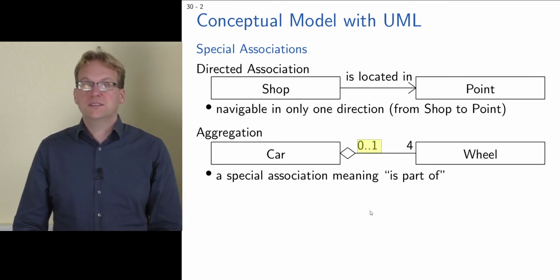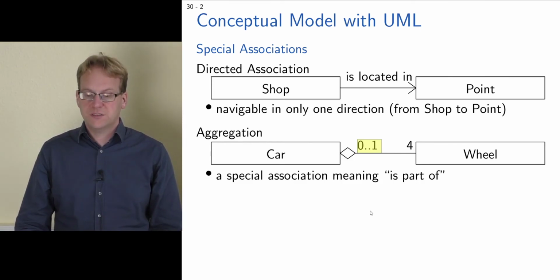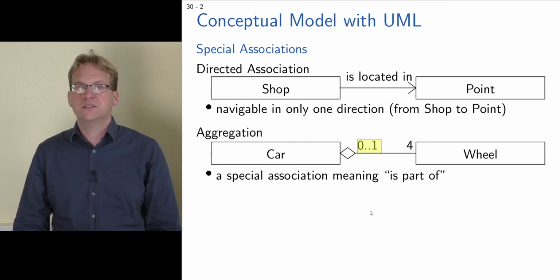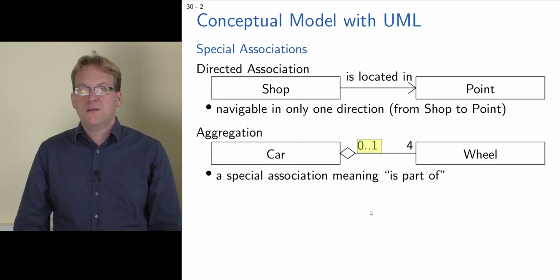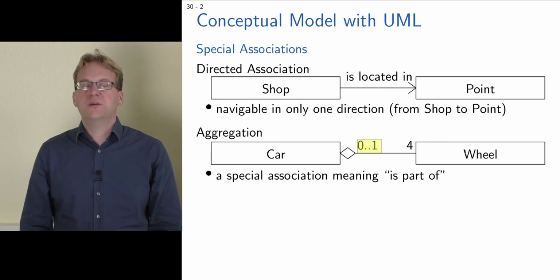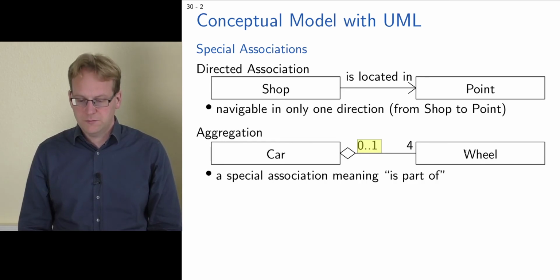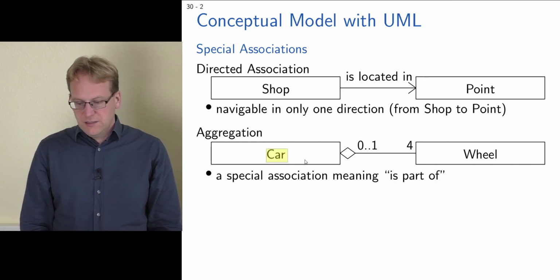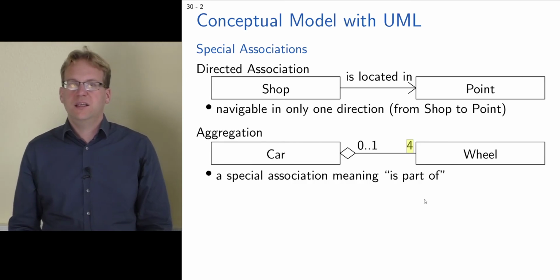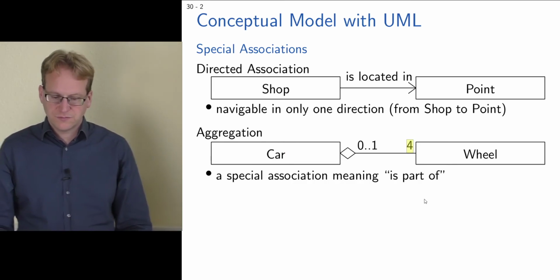Well, of course, a wheel can also be part of a bicycle, maybe. Then it's not part of a car. But a wheel cannot belong to more than one car, at least not at the same time. And then we have a car which has 4 wheels as its parts.